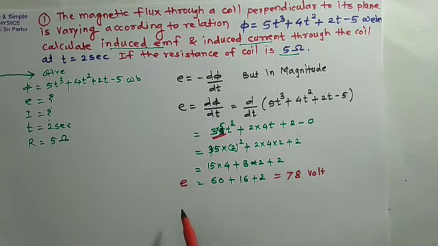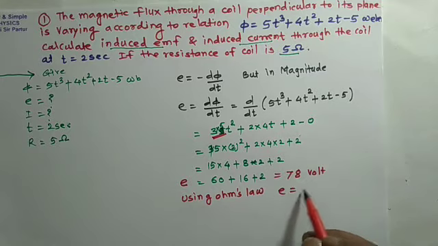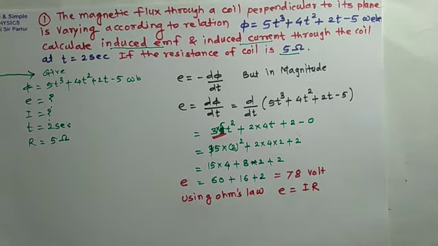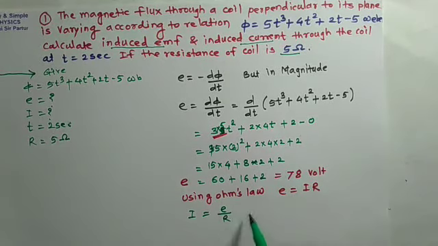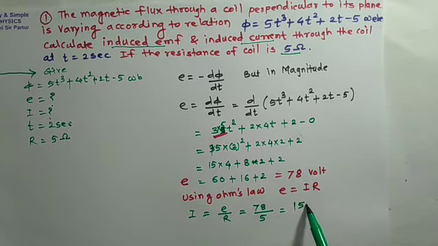So if we use Ohm's law, E equal to IR, therefore we can find out I is equal to E upon R. So 78 upon 5: 5 1's are 5, 2 will be remaining, that is 28, 5 5's are 25, 3 will be remaining, point is there, becomes 30, so 5 6's are 30.